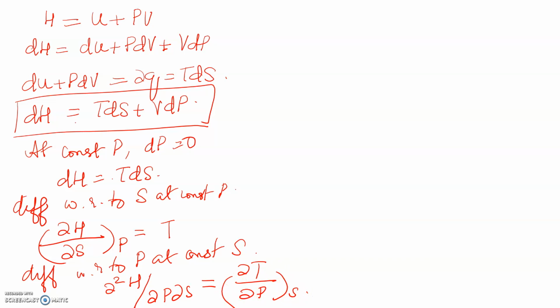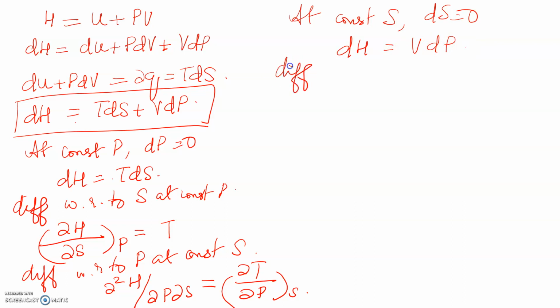Okay, now let's do the other thing, that is at constant S, what happens to this equation? At constant S, dS is equal to 0 and hence dH will be equal to VdP.